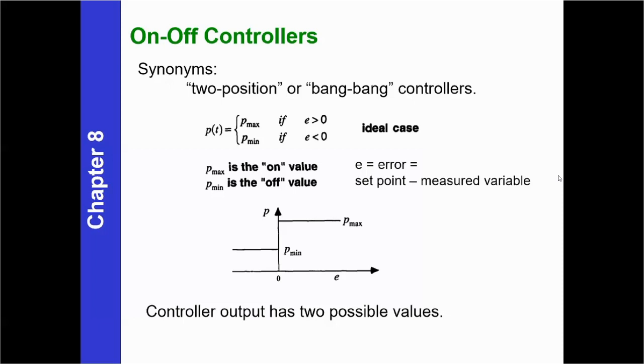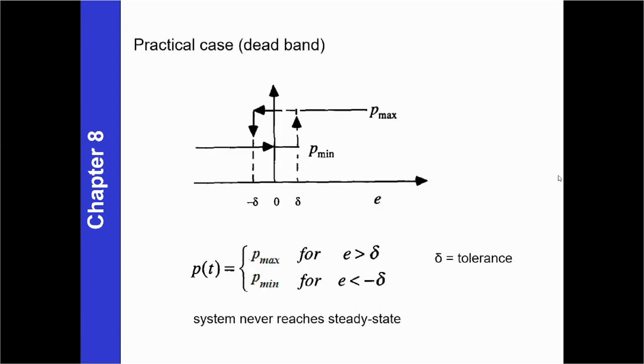Error is defined as the set point minus the measured variable. So for an on-off controller, the controller output has two possible values, either the maximum or the minimum value.